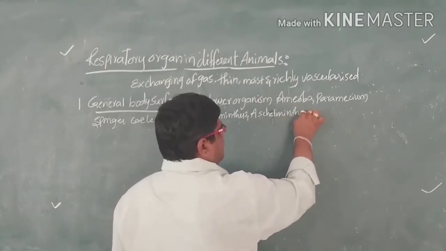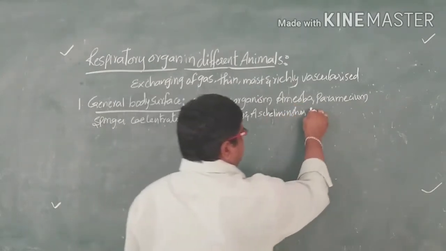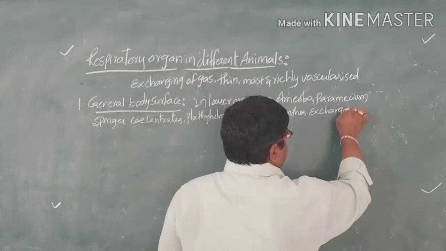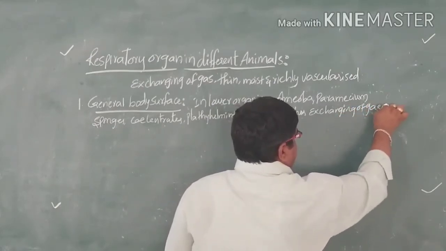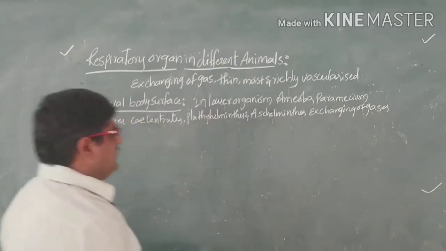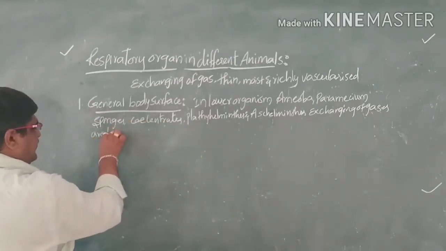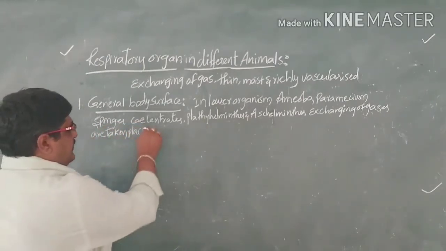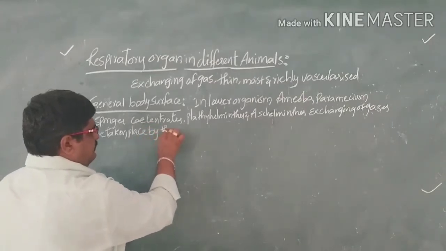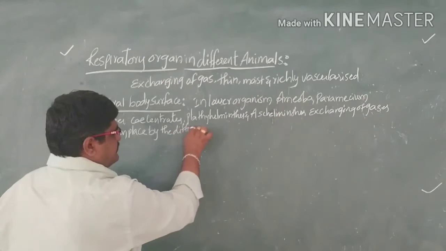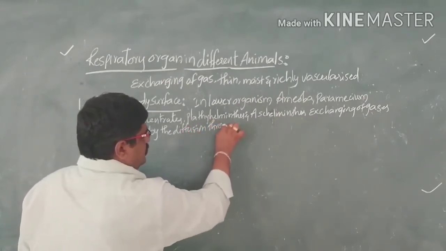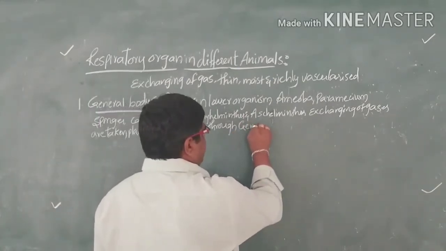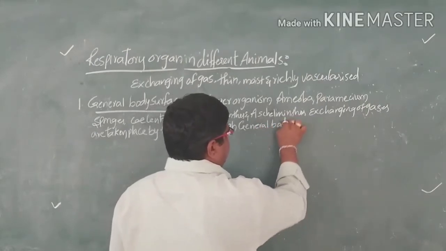what happens here? The exchange of gases takes place by diffusion through the general body surface.